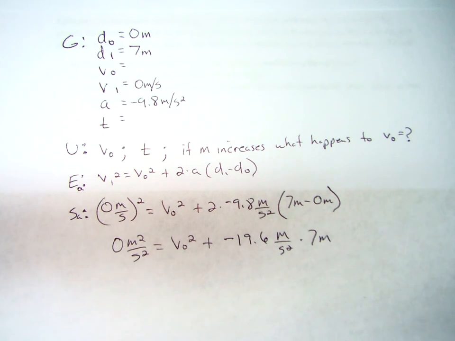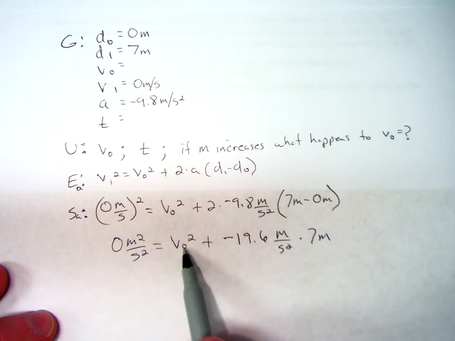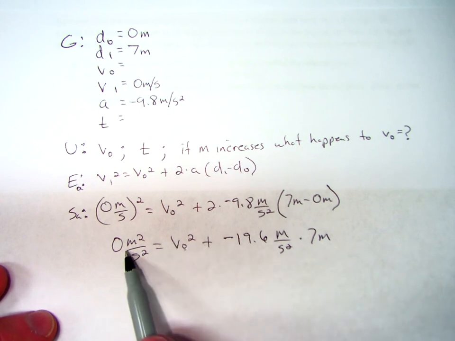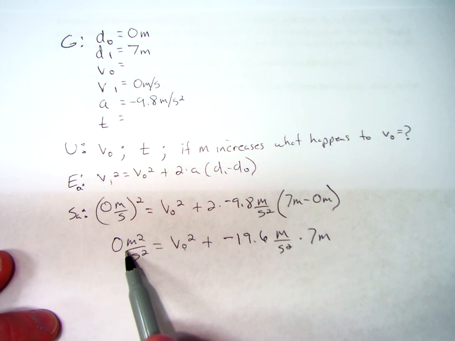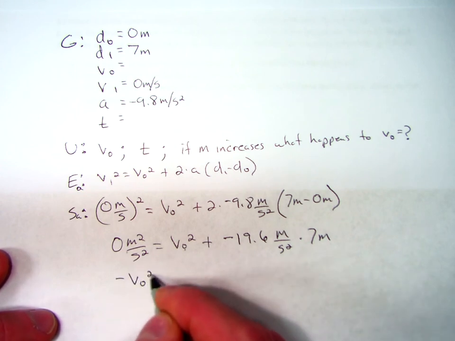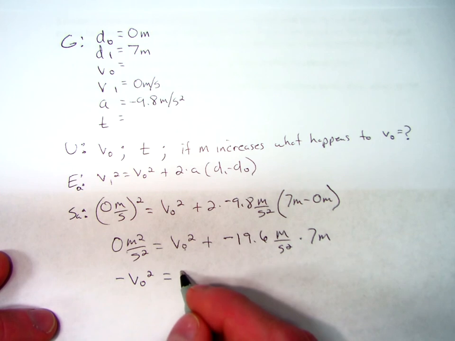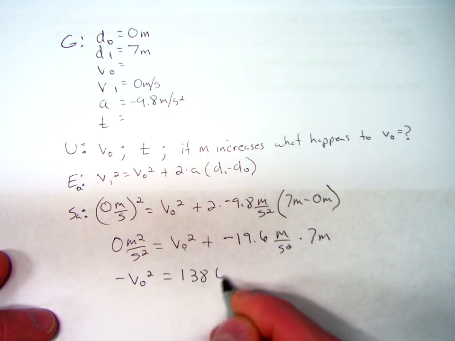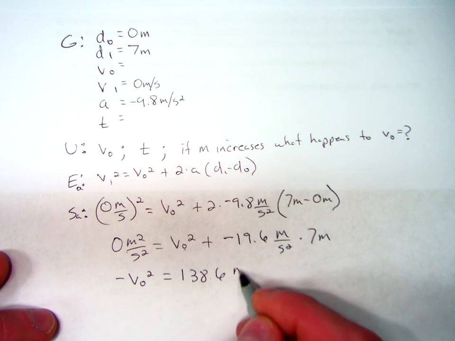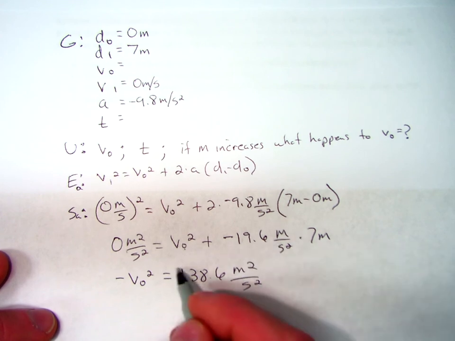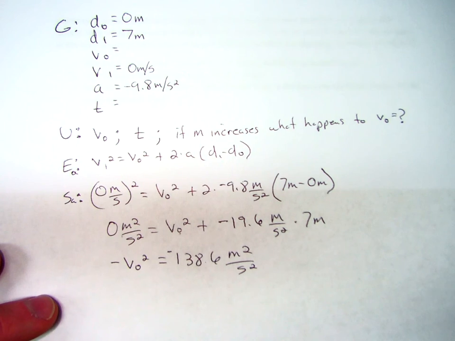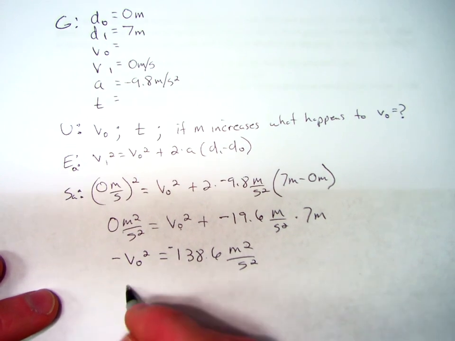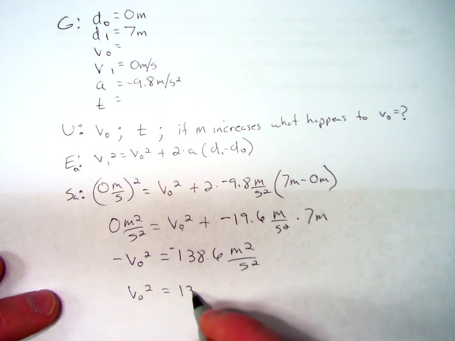If I do the math for that, negative 19.6 times 7 is negative 137.2. I'm also going to move this V0 over here, and that gives me negative V0 squared equals 138.6 meters squared per second squared. That's a negative. Okay. I'm going to divide both sides by negative 1 and then take the square root of both sides.